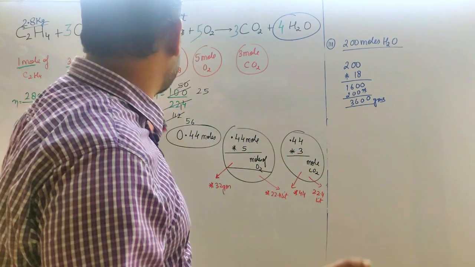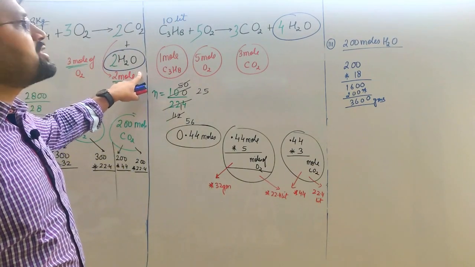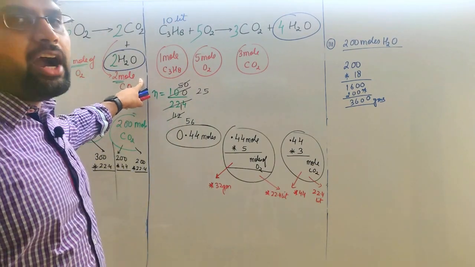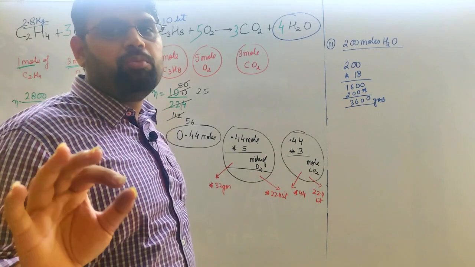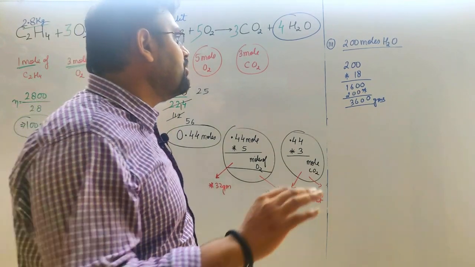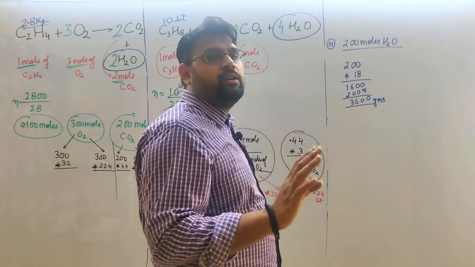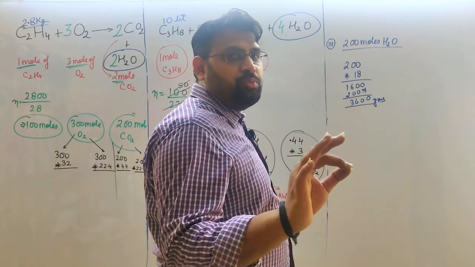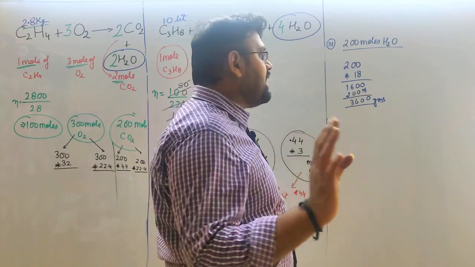Only then will H2O be considered a gas. Else H2O will be considered a liquid, and for liquids the gaseous volume law does not apply. It only applies to gases.